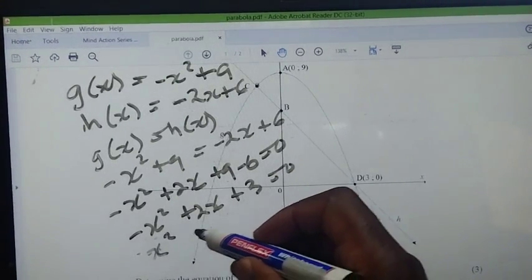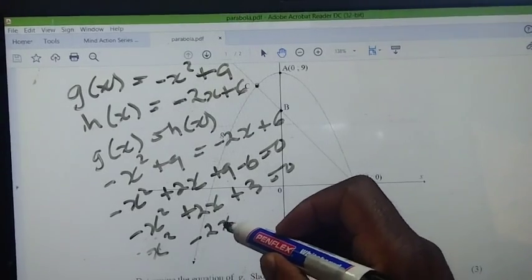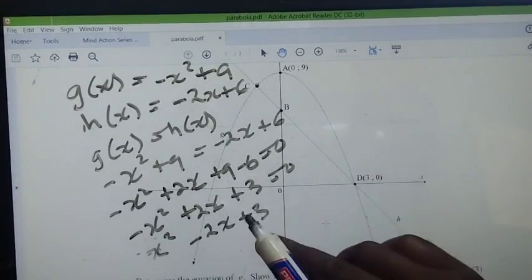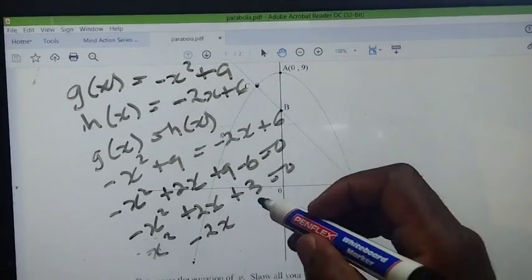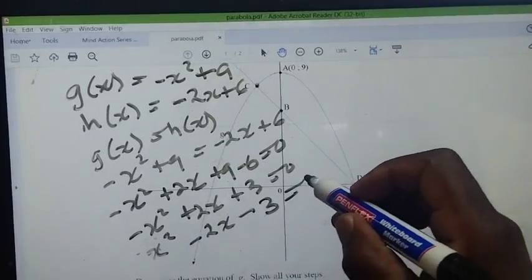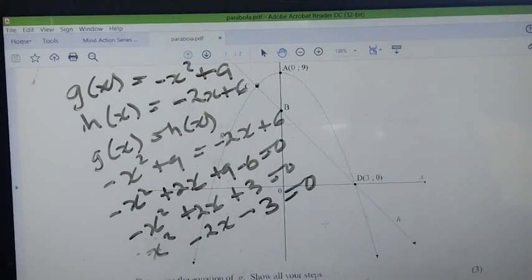That is x squared minus 2x minus 3 is equal to 0. Now factorization, that's the method we use in grade 10.